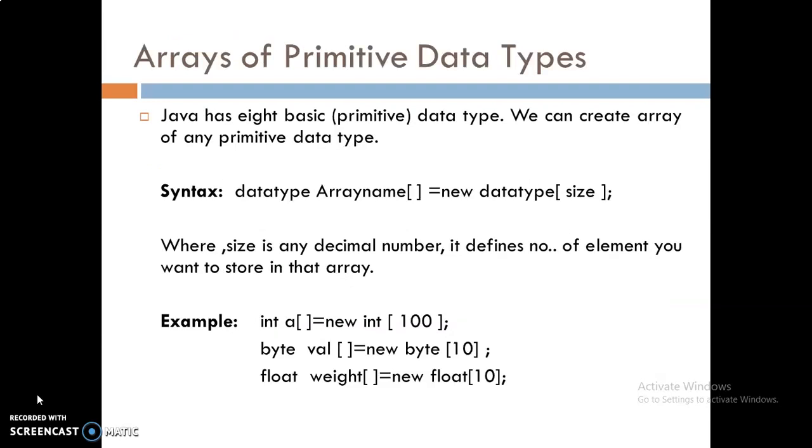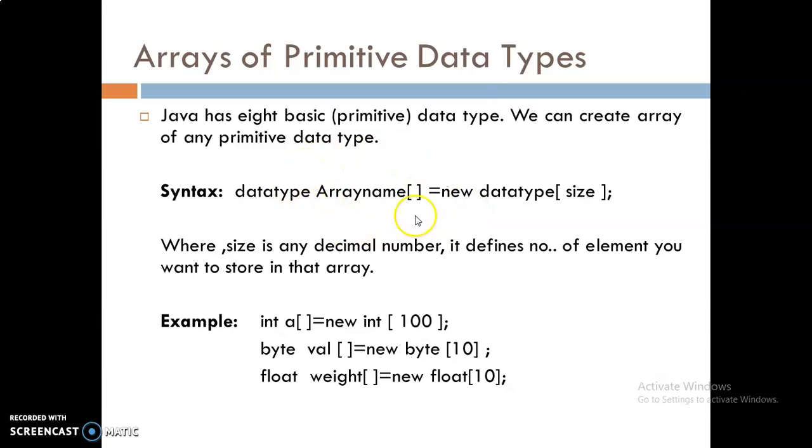So now we will talk about arrays of primitive data types, that is basic data types. The syntax for primitive data types in case of arrays in Java is: data type, name of the array, as it is array. Along with the name there is square bracket, new, and data type size. New is the operator, a unary operator that we are using for allocation of memory.